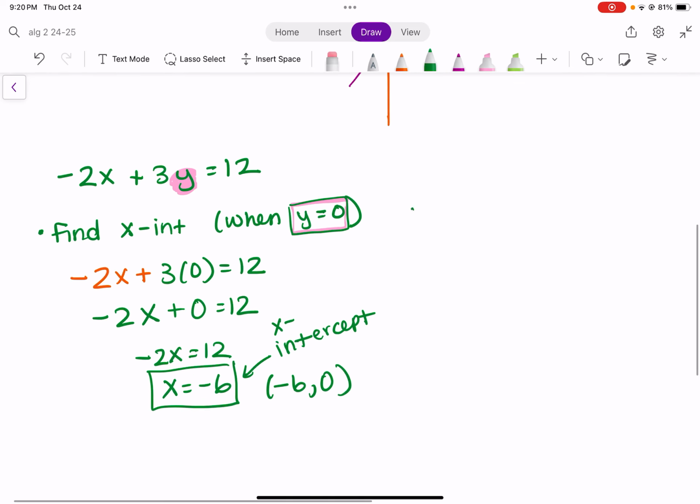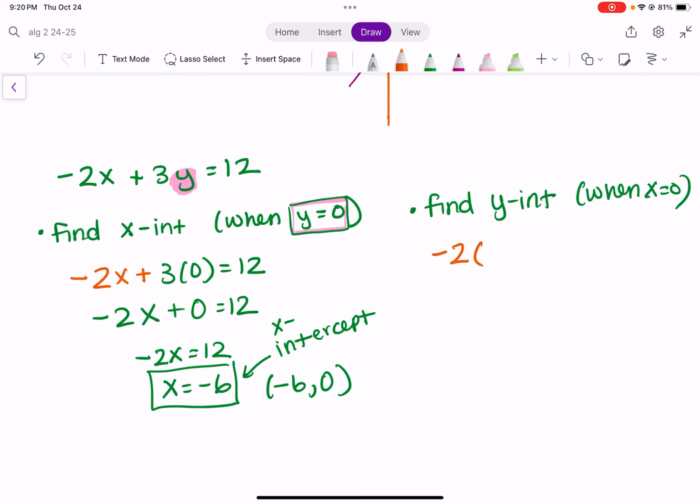If we wanted to find the y-intercept, I'm going to do this with the shortcut. This is when x equals 0, so I'm going to plug in 0 for x. I don't know what y is; that's what I'm trying to find. So the x term goes away, because 0 times anything is 0, and 0 plus something is always the something.